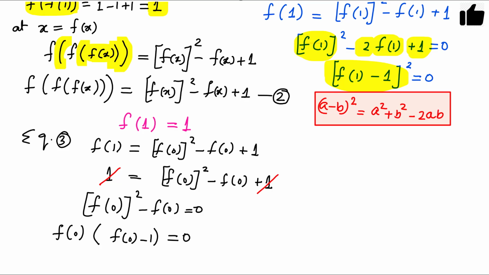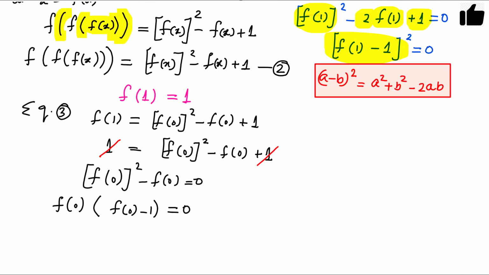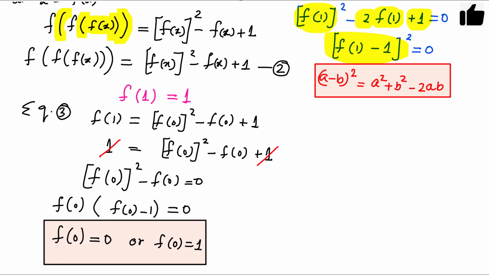So you have two possibilities: either f(0) is 0, or f(0) equals 1. These are two possible solutions.